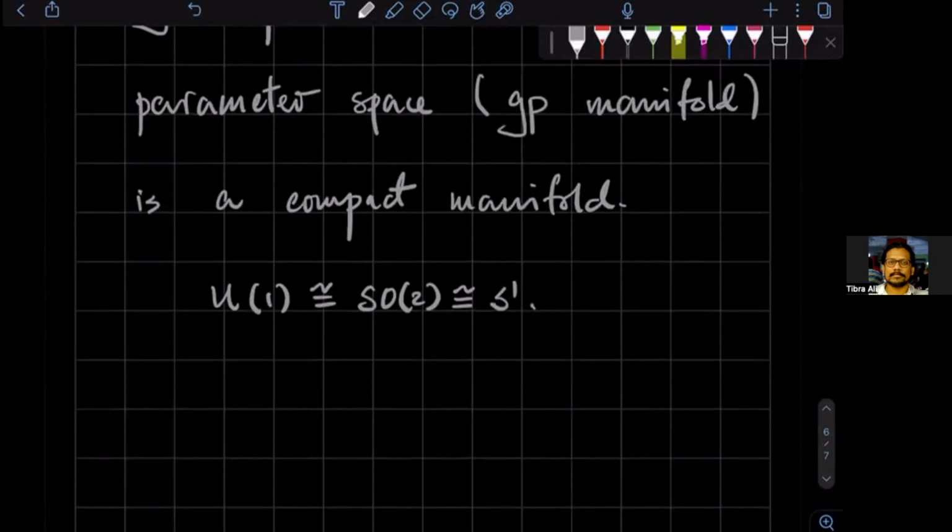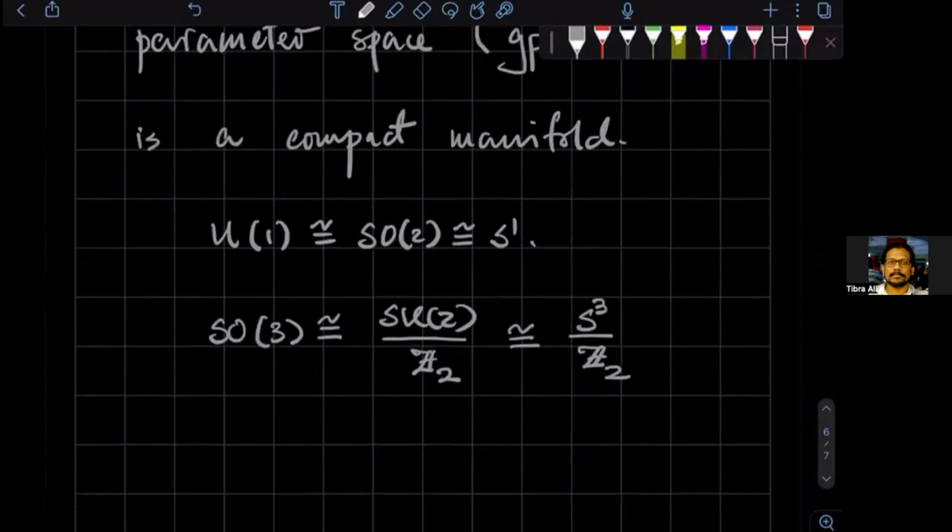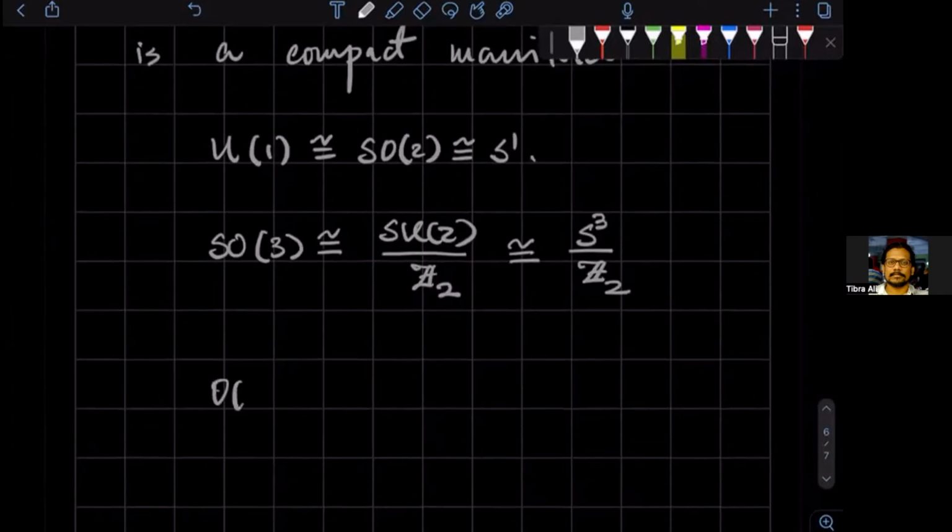And we also saw that SO(3) is isomorphic to SU(2) over Z2, where SU(2) is a three-dimensional sphere. So SO(3) is a group which is not simply connected. Now you might say, what about O(3) or O(2)?